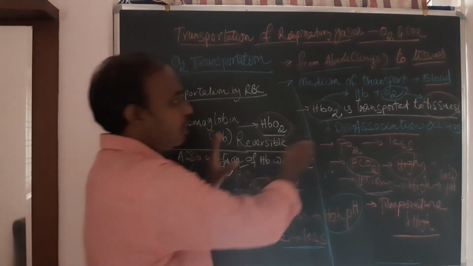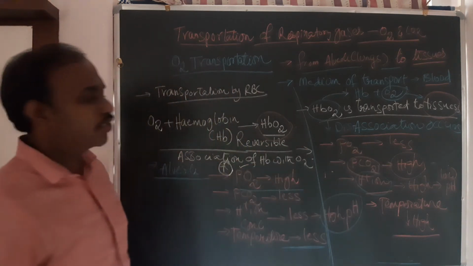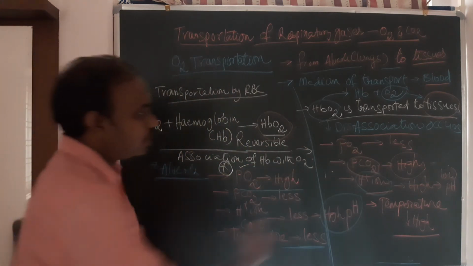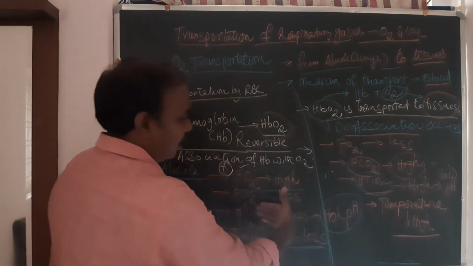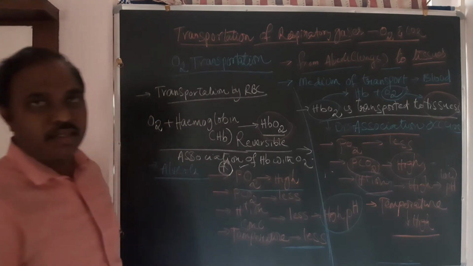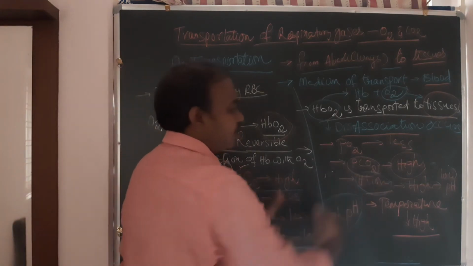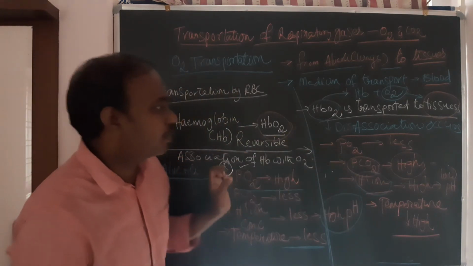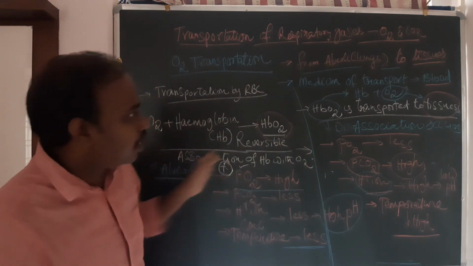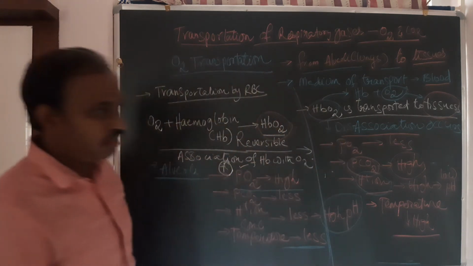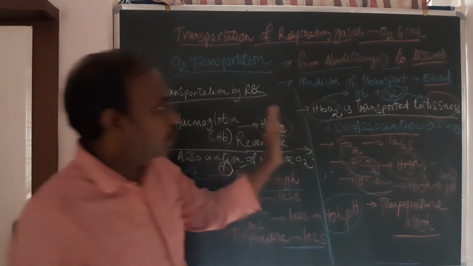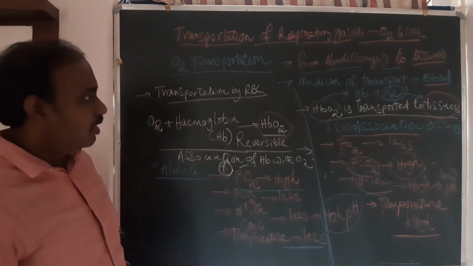There are so many applied questions asked here, mixing these factors, placing these factors here and those factors there. So that is why the factors influencing the association and the dissociation should be remembered.